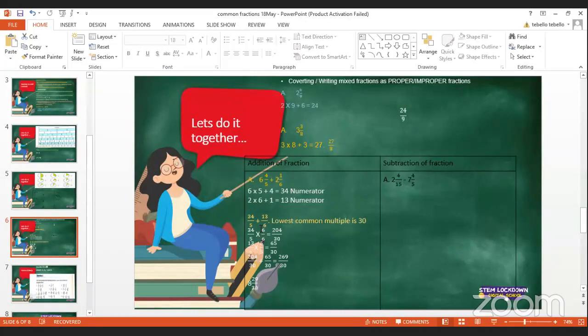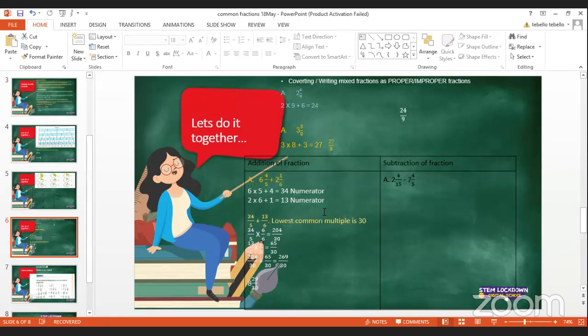We'll stop right there, guys. Now let's have our multiples for 5: 5, 10, 15, 20, 25, 30. Did you hear that? So our lowest common multiple for 5 and 6 is 30.